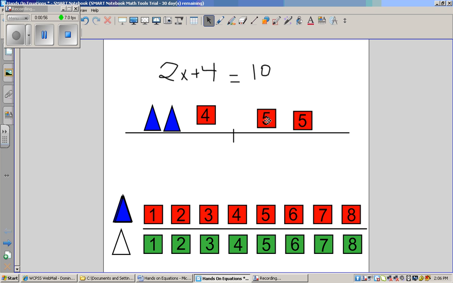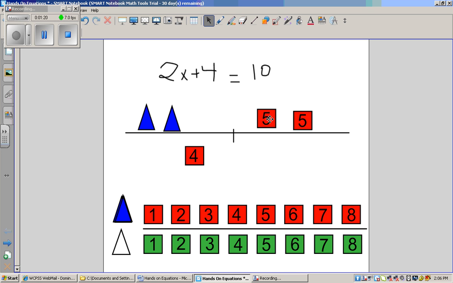When we look at this equation, our legal moves, starting with the variables, we have 2 on this side, no variables on this side. So can I take away any variables from this side? No, because there's no variables to take away from the right side of my balance. So I'm just going to look at my number cubes. I can take away 4 from the left side of my balance.